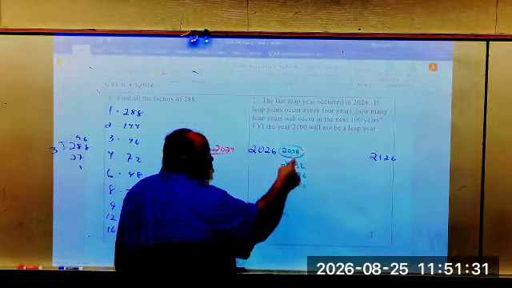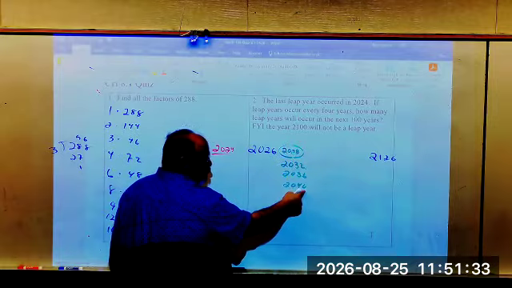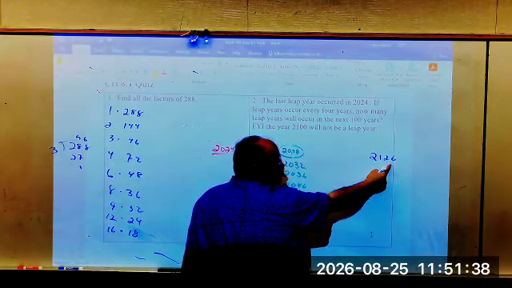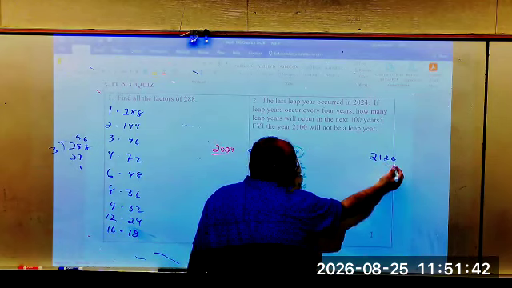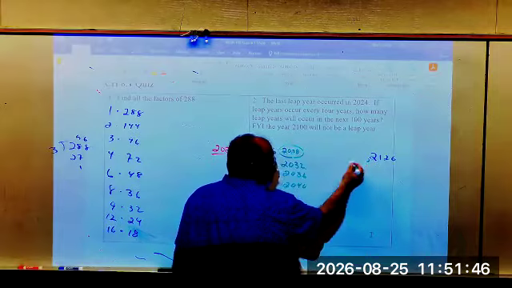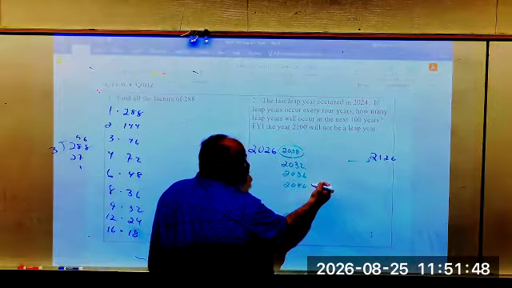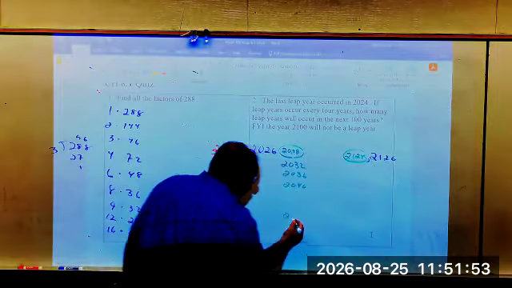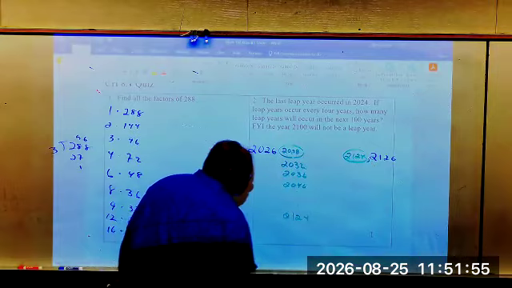Because they're going up by 4, that's divisible by 4, divisible by 4. So is that one going to be a leap year? No, the 26 is not divisible by 4. So when's the last leap year going to be in our little window of opportunity? 2124. That's going to be the last one.